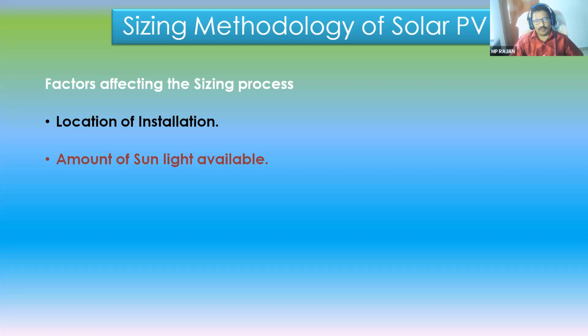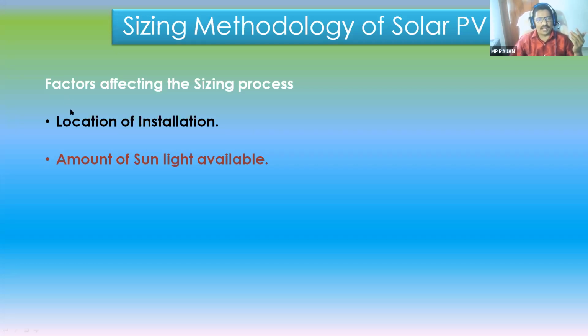So tilt problem is there. We already studied the solar panels are to be tilted towards south. आपको angle पे रखना है, तो किस angle पे रखेंगे, that depends upon the latitude of that particular place. So depending upon the location, your solar output will be different. So accordingly your sizing methodology also will vary.